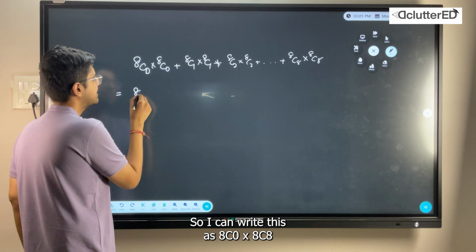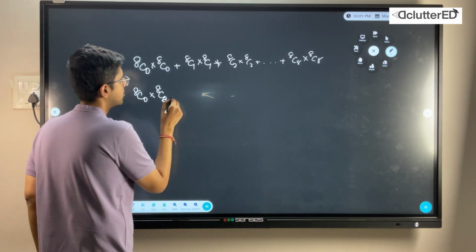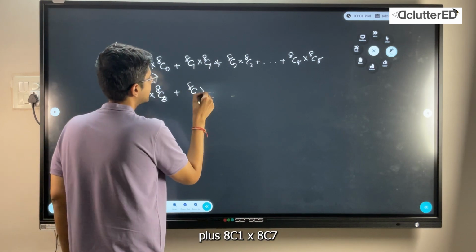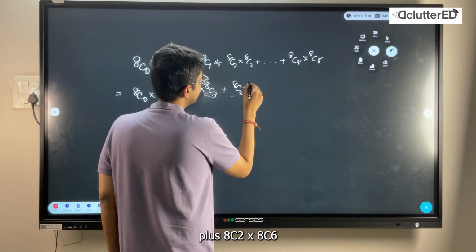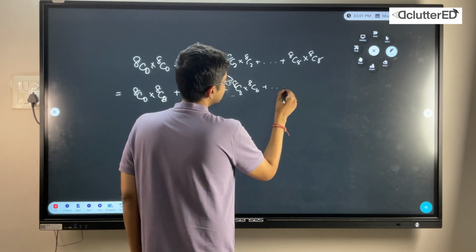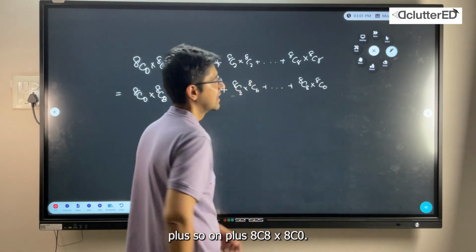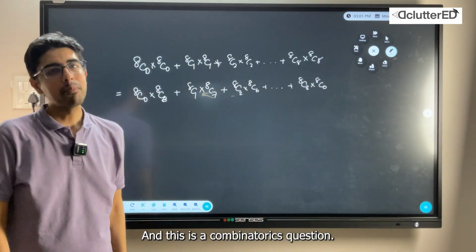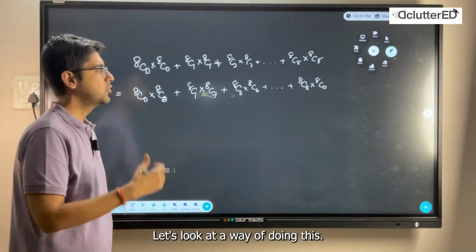So, I can write this as 8C0 into 8C8 plus 8C1 into 8C7 plus 8C2 into 8C6 plus so on plus 8C8 into 8C0. And this is a combinatorics question. Let's look at a way of doing this.